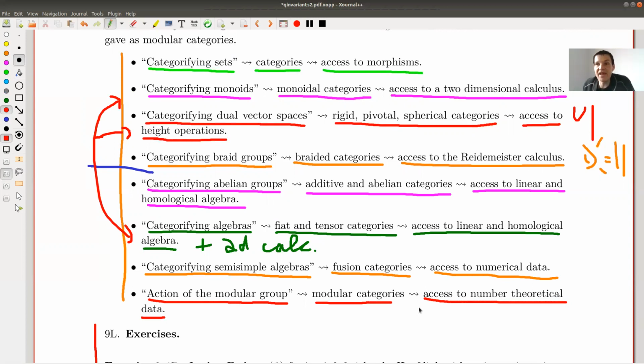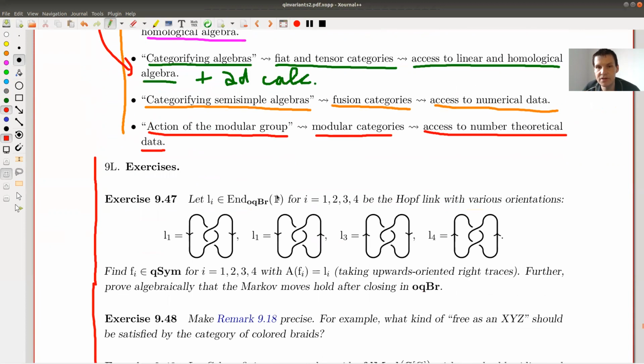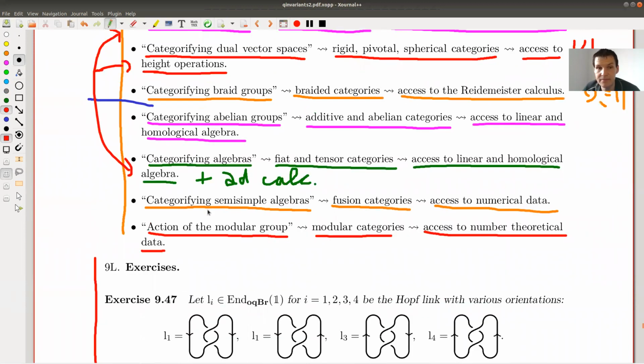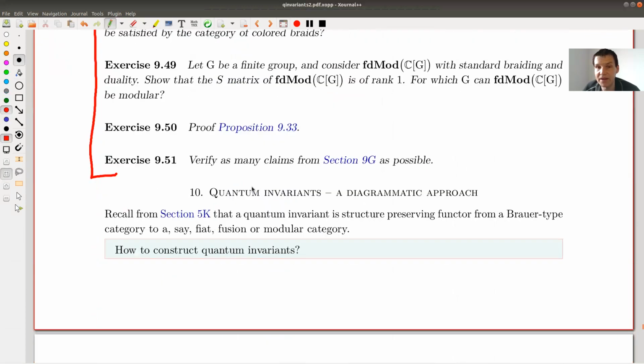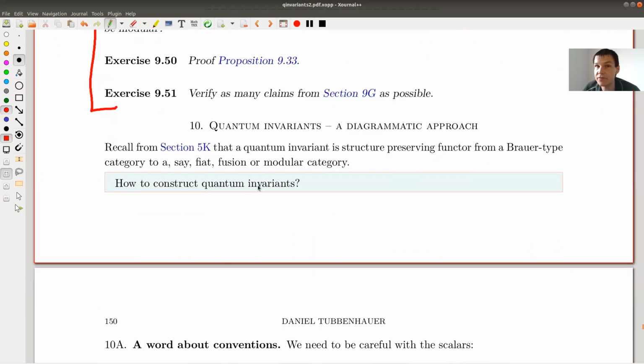So that's what I categorified so far, and that's basically where we end. Not quite. I will still in the next lecture show you how to construct categories of these flavors diagrammatically, but that's at least all I wanted to say for today. Thank you for watching. See you next time.